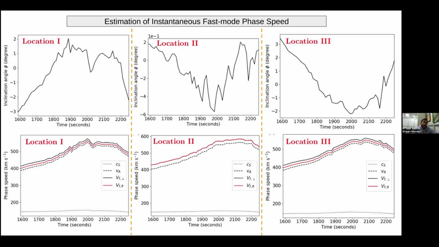Using these inclination angles and using the formula that I have shown in the previous slide, the phase speeds are calculated to be within 400 to 600 kilometers per second.